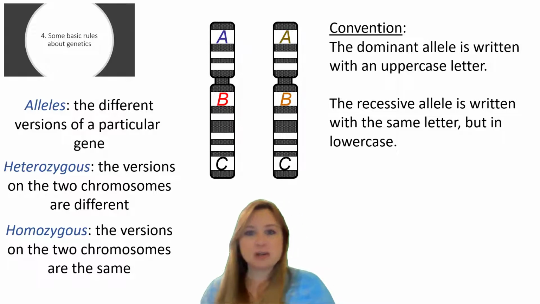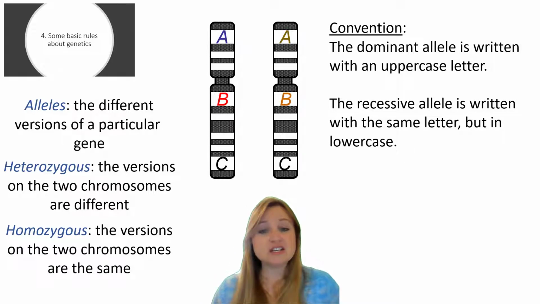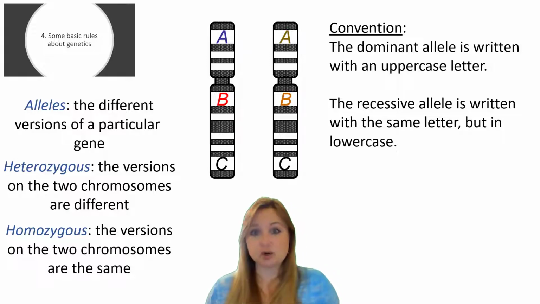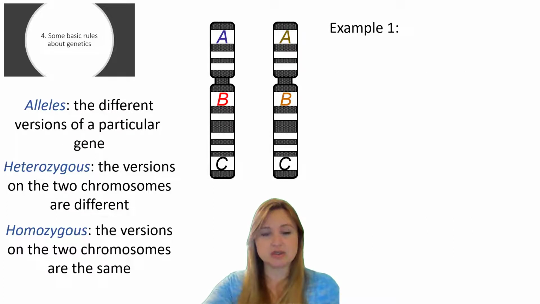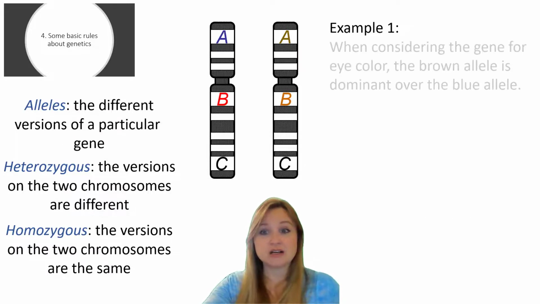Now, when we're talking about the dominant and recessive alleles, the convention is that we're going to write the dominant allele in an uppercase letter. The recessive allele, we're going to use the same letter, but it's going to be in lowercase. Now let's work through some of this, okay? So here's an example, and let's use gene 1 for eye color.